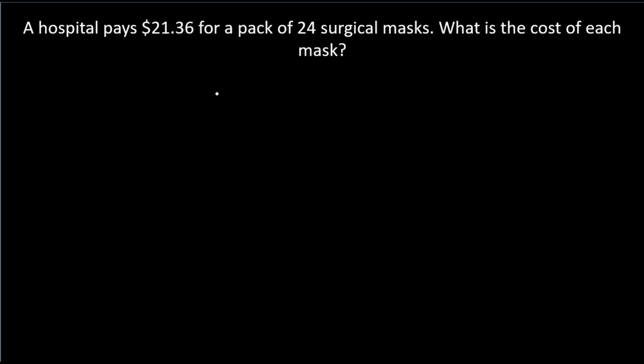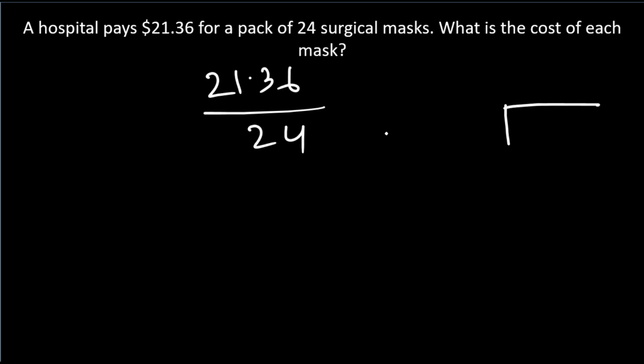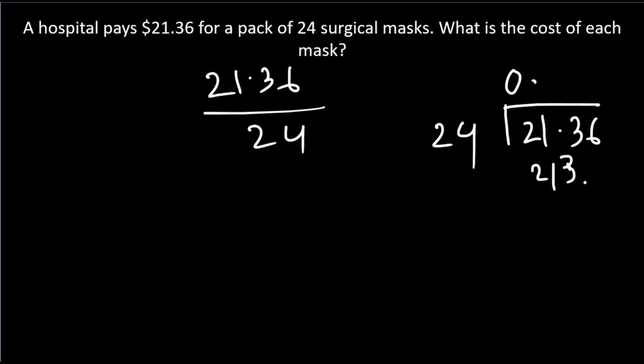Your cost per mask will be 21.36 over 24. First we need to take a 0 and a point, and we can remove one point here because 21 is less than 24.